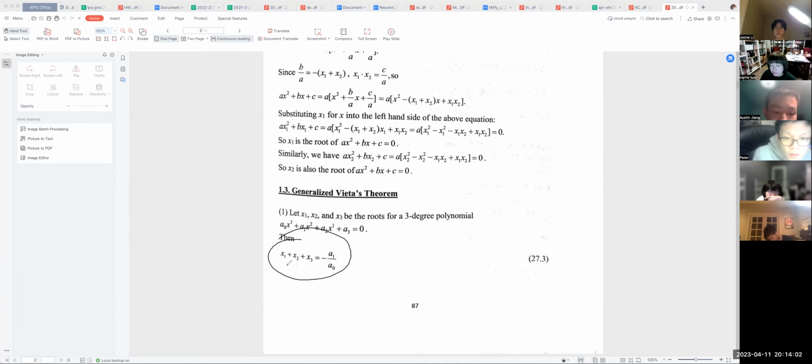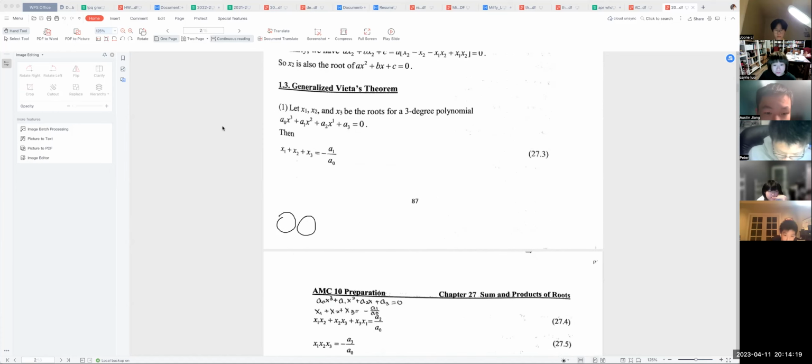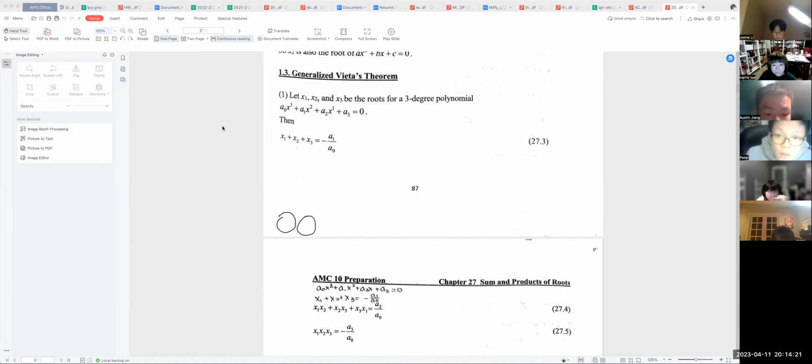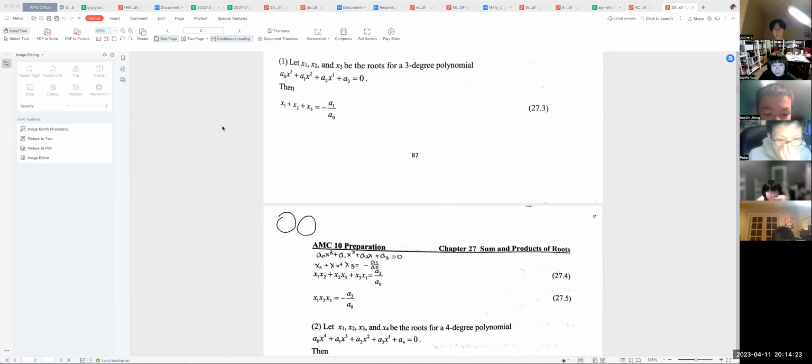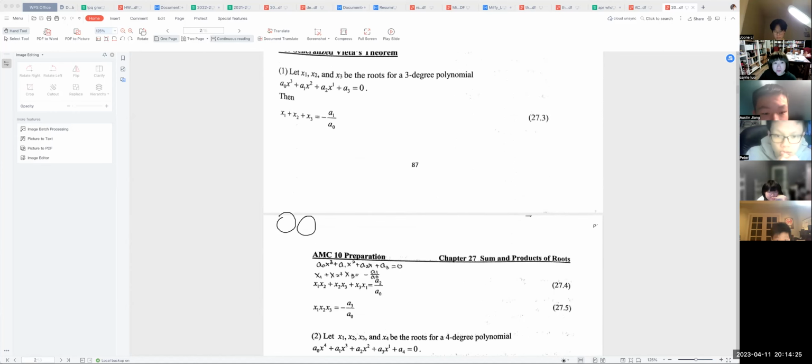So that's why we have x1 plus x2 plus x3 equals negative a1 over a0. Okay. So this one, I put it here, just to help you put them together.